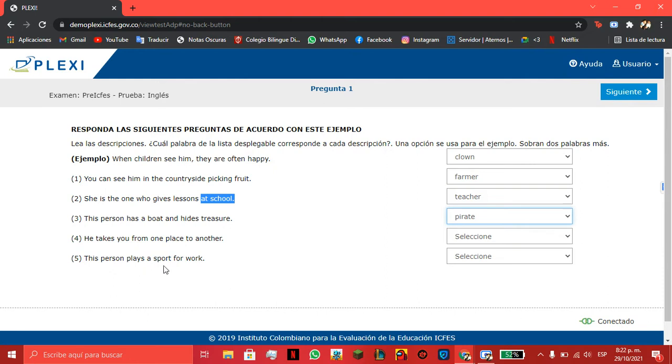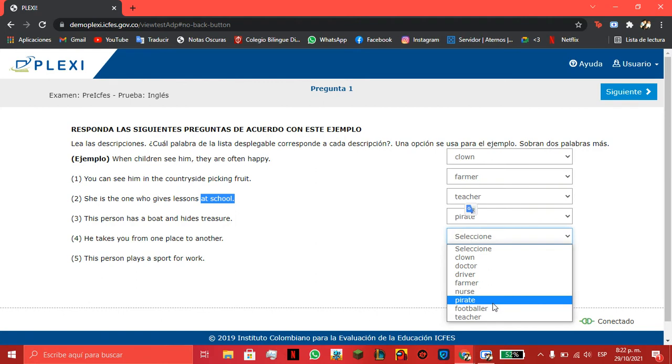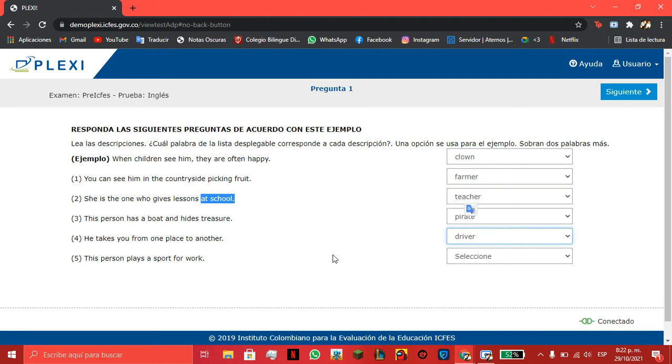The fourth one says he takes you from one place to another. I think the right answer is driver, because as the name says, a driver is a person that drives someone to another place.